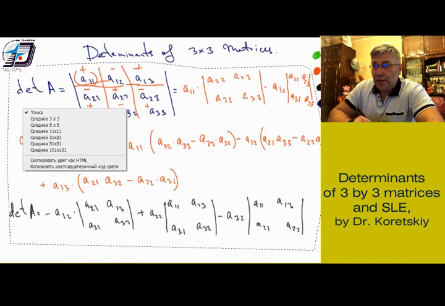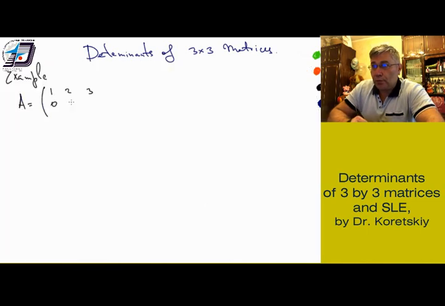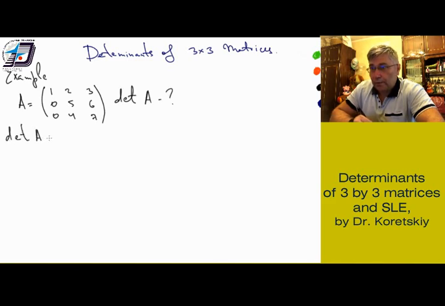For example, matrix A is 1, 2, 3, 0, 5, 6, and 0, 4, 7. Let's calculate the determinant of the matrix A. So we have determinant A equal to 1, 2, 3, 0, 5, 6, 0, 4, 7.